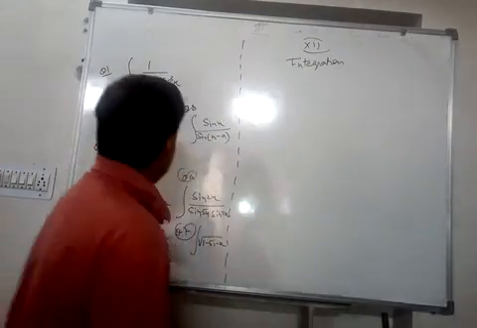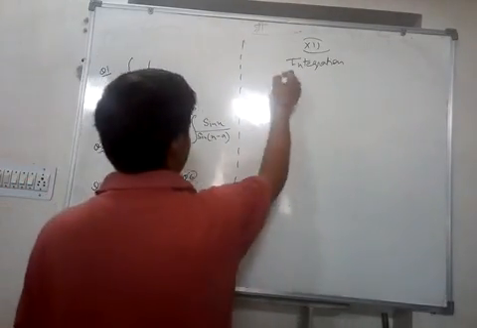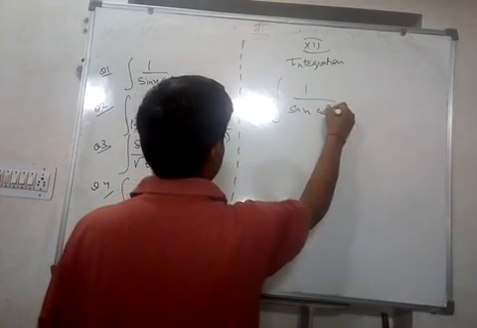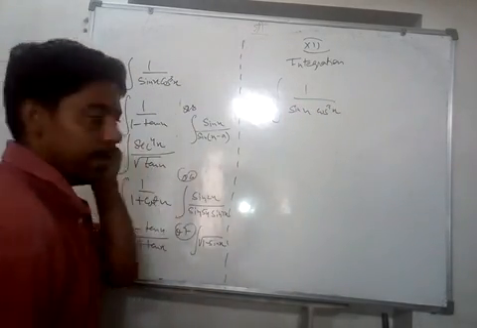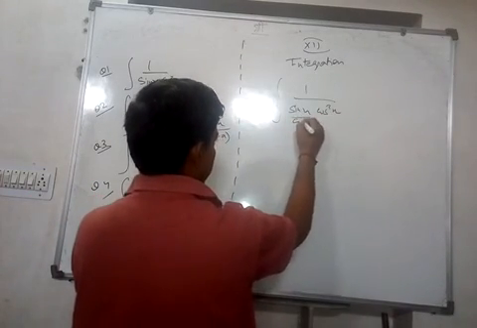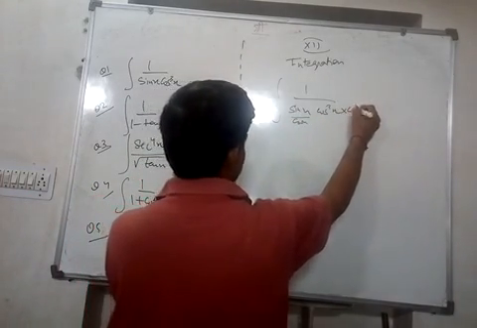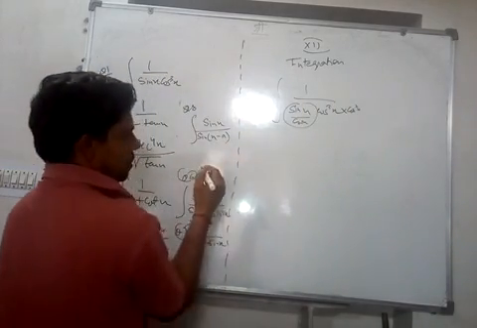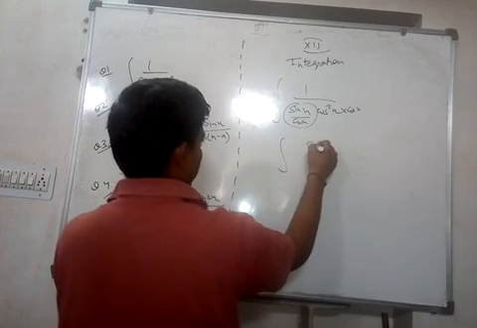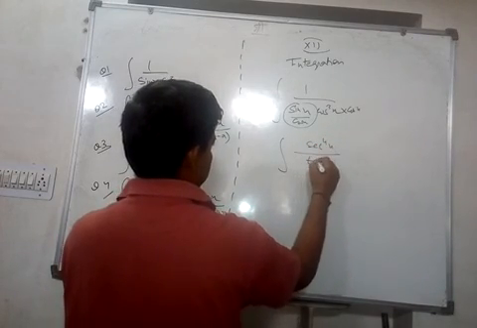So we have first integration 1 upon sin x cos cube x. Okay, so we can make it tan x sec square x. So we can divide this by cos x. This is cos x. So this is tan x and this is sec 4 x upon tan x.